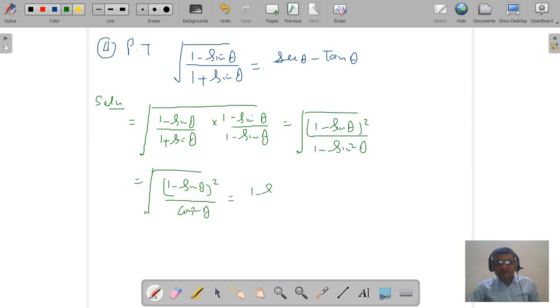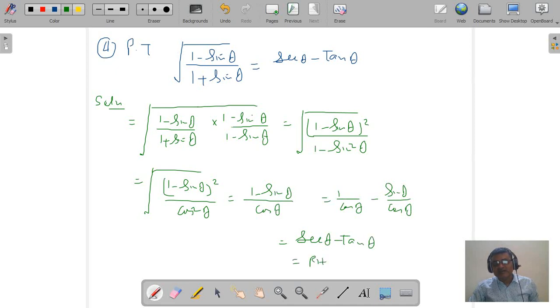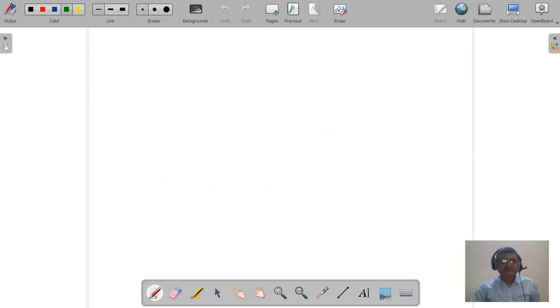So this is equal to 1 minus sine theta upon cos theta. So you can see that 1 upon cos theta minus sine theta upon cos theta. So this is equal to sec theta minus tan theta, which is the right hand side. Now we are moving to next question.